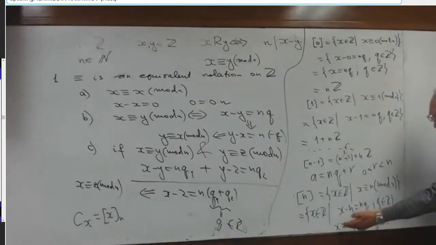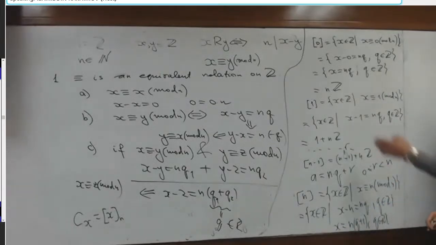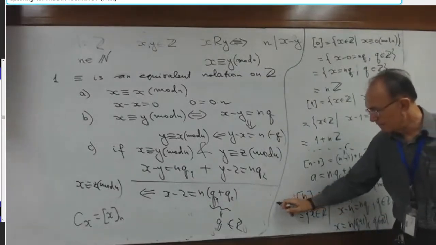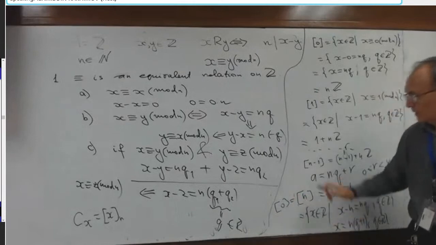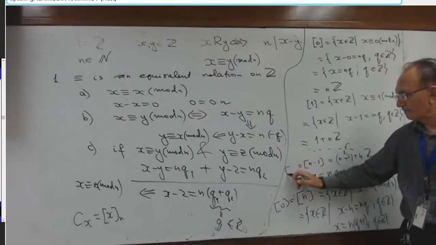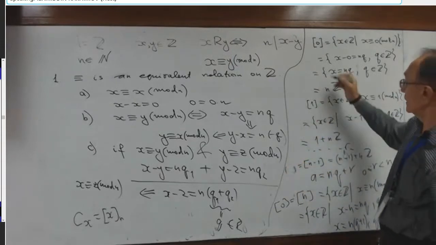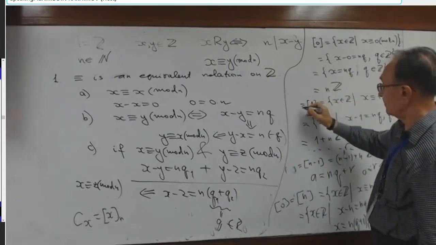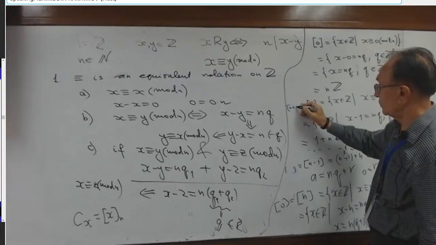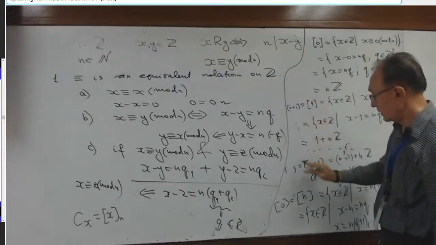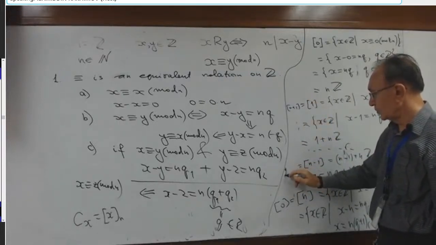Again, you will get some multiple of N. You already counted multiples of N here. So that's why this case is 0. Oh, sorry, this case is 1. Next one is N plus 1, etc. This case is 2.